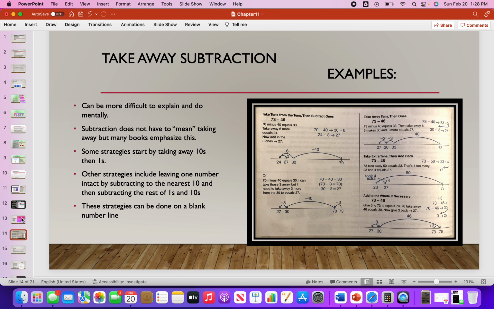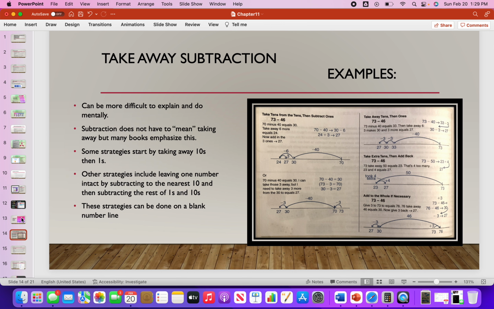Another model of subtraction is takeaway subtraction, which can be more difficult to explain to students, and it can be more difficult to do mentally. Subtraction doesn't always have to mean taking away, but many books and teachers emphasize this, so students think of it right away as taking away.